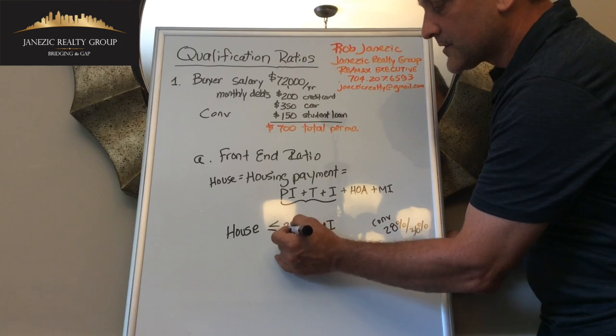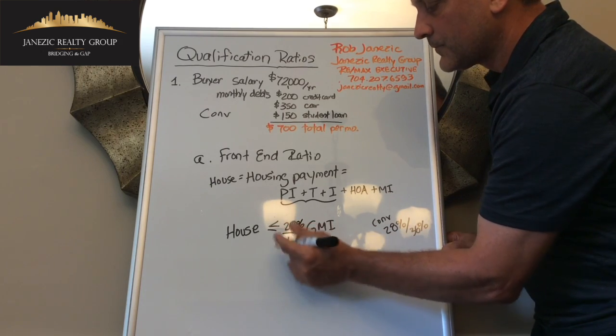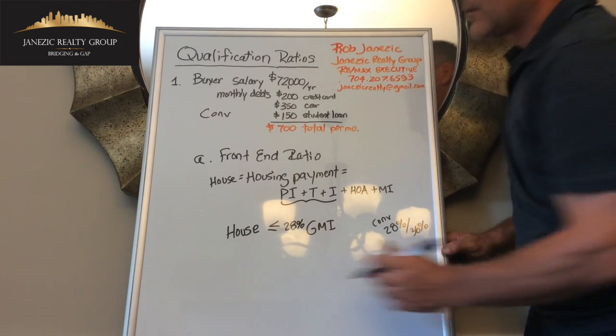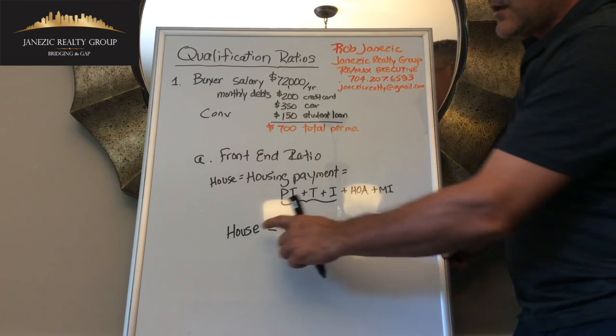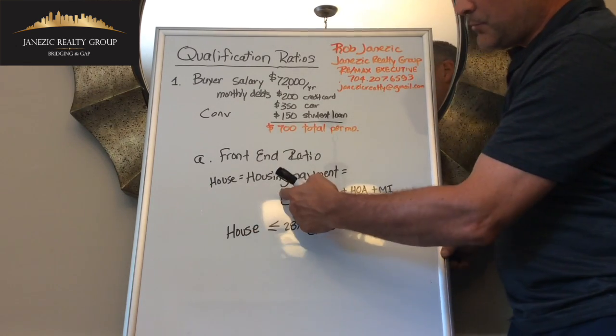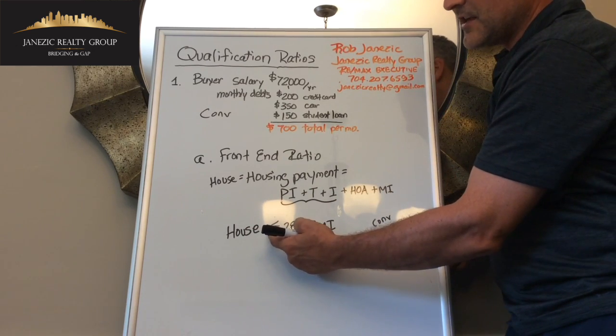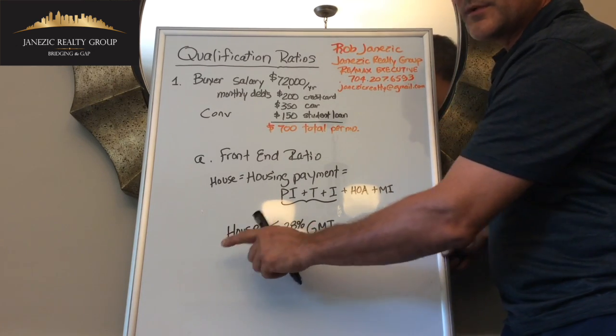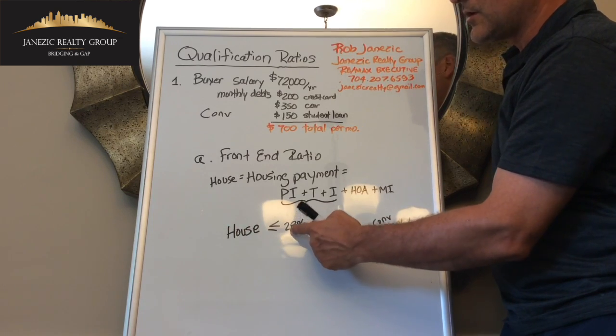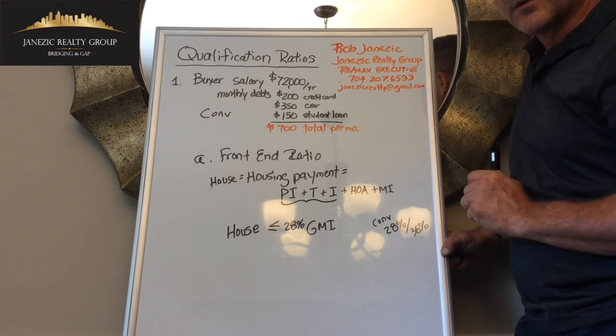So, in this particular example, the lender says the amount that you can pay for all of your housing expenses should always be less than or equal to 28% of your gross monthly income.